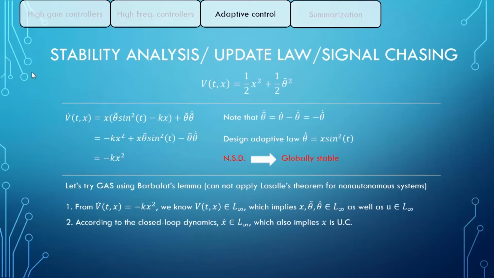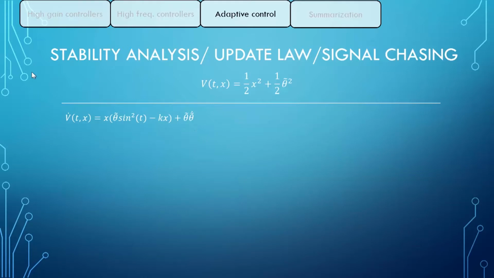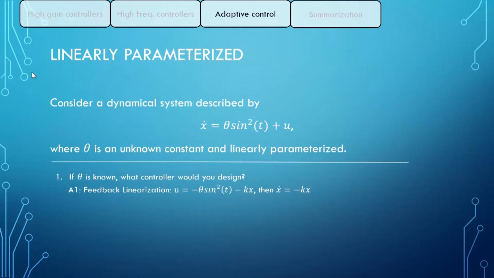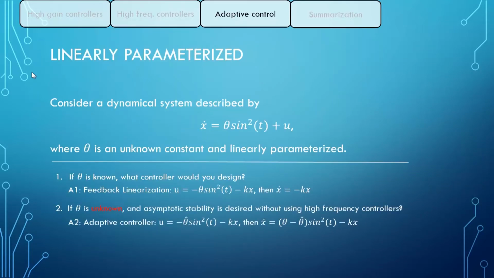And once you use adaptive control, which is this structure, theta hat, right? In the robust control, we just put a K2x, and this K2 has to be as large as you can, right? But here it is theta hat.